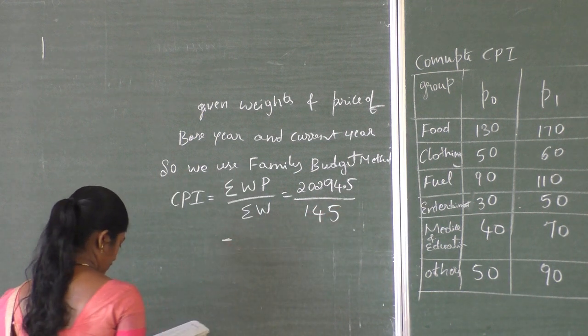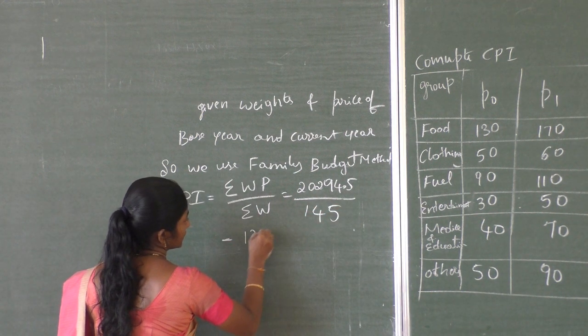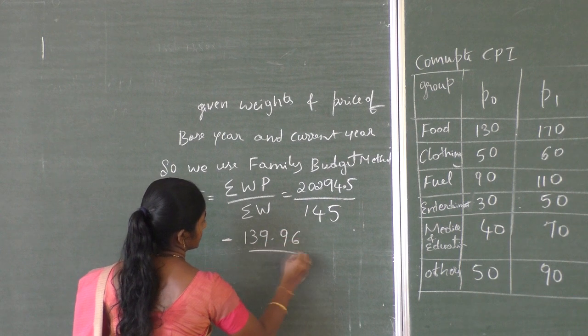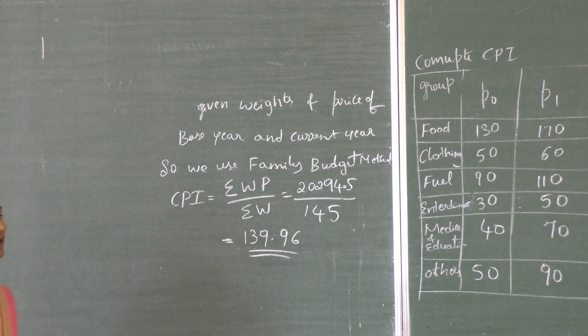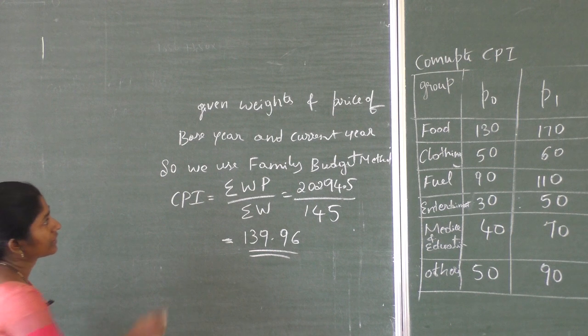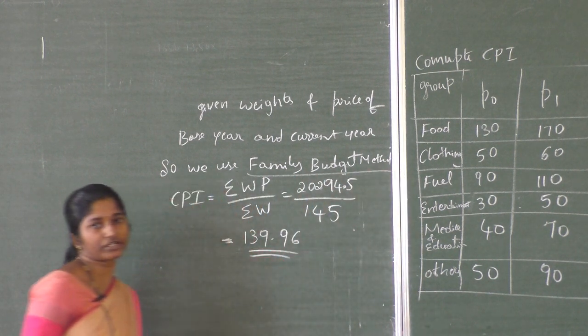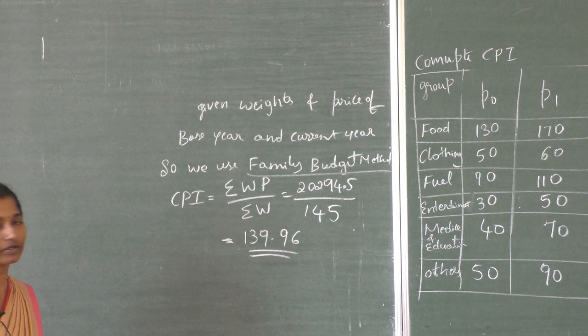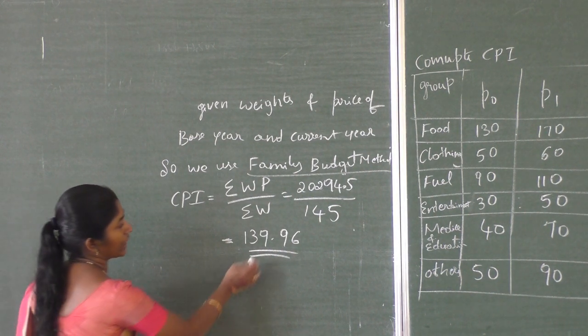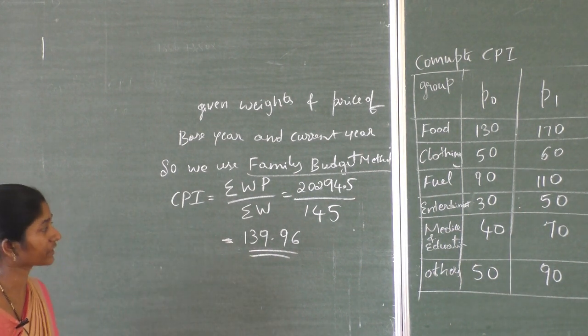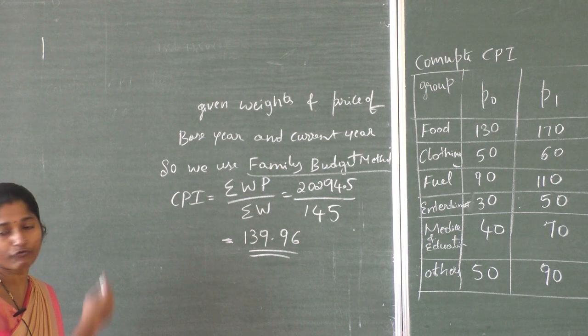That answer is 139.96. See, this is our answer, 139.96. This is the method using the family budget method. By using that formula we have calculated 139.96. Next, fourth problem.